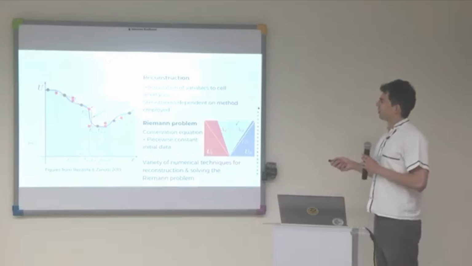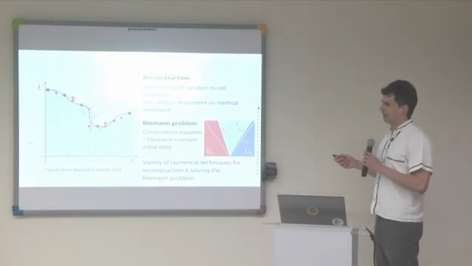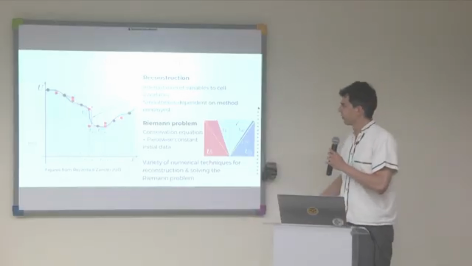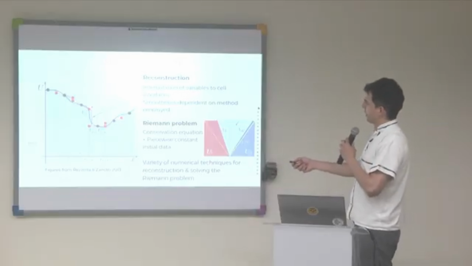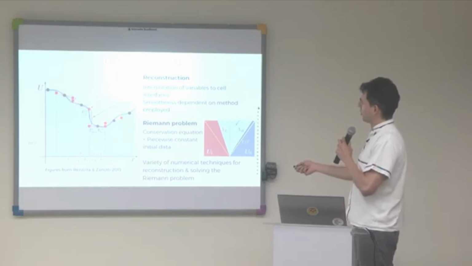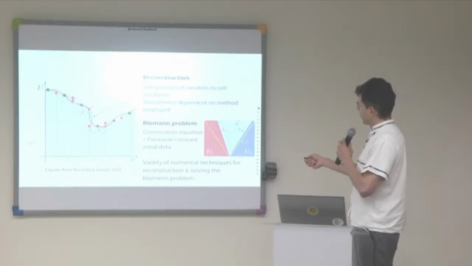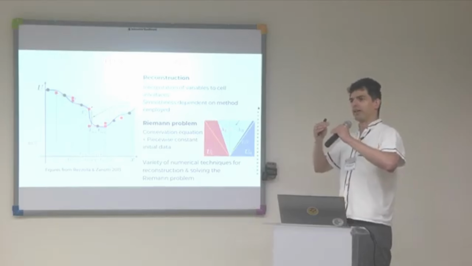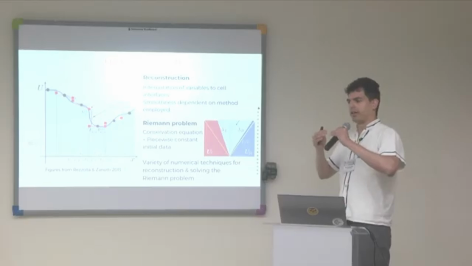So in order to calculate fluxes that take conserved quantities from one cell to the other, we use what is called the solution of the Riemann problem. So the Riemann problem is a problem that consists on how an interface between states that are piecewise constant will evolve with time.